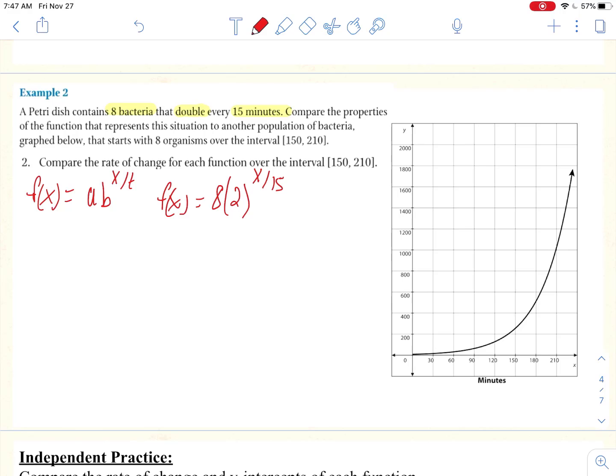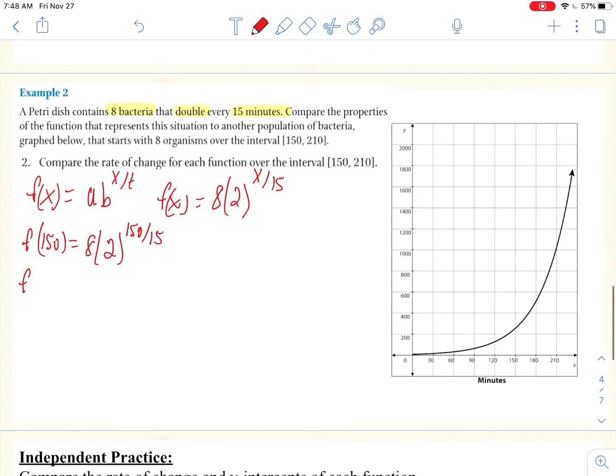We're talking about our interval from 150 to 210 minutes. We've dealt with problems like these before. We are going to have to substitute 150 into our function and get our output value, and then 210 into our function and get our output value as well. So when we do that, f of 150 equals 8 times 2 to the 150 over 15th power.